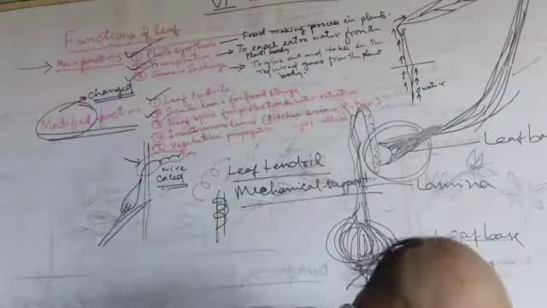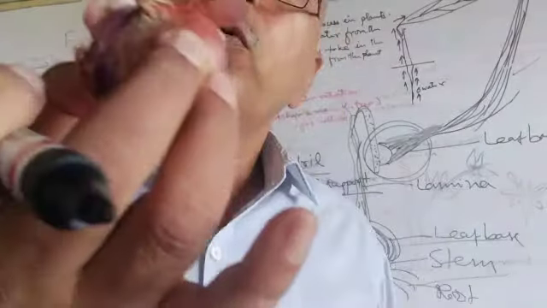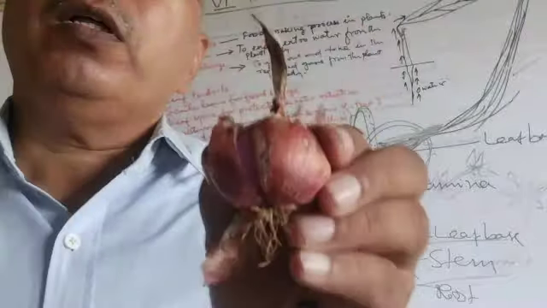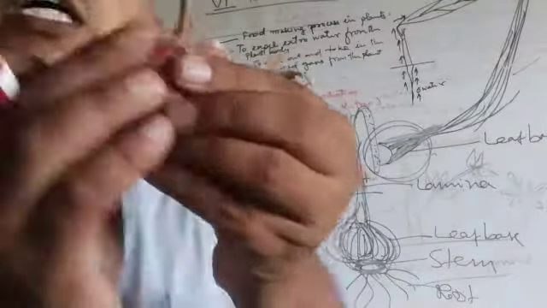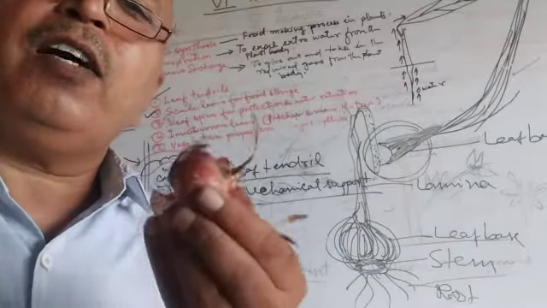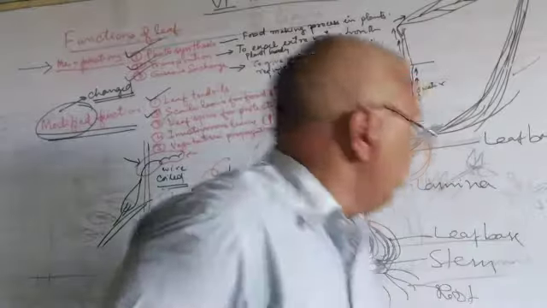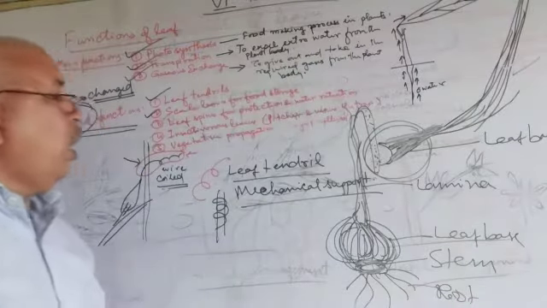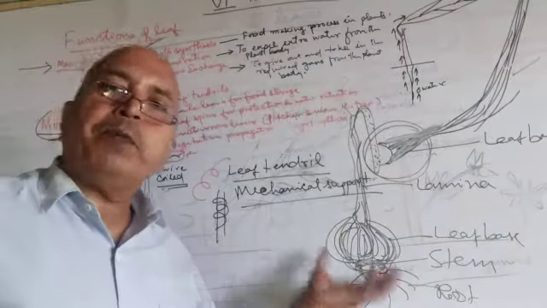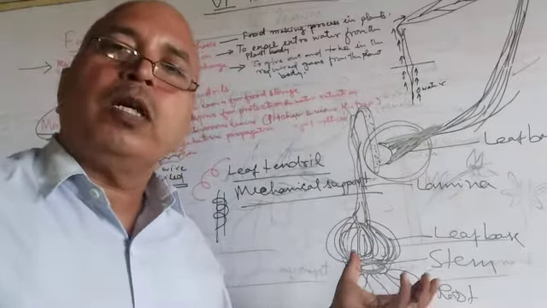You see, we have this onion now. All this that I am holding is the leaf that we eat in our salads, in our vegetable, in our curry, right? So some of the leaves modify for the purpose of storing extra food that they produce, right?